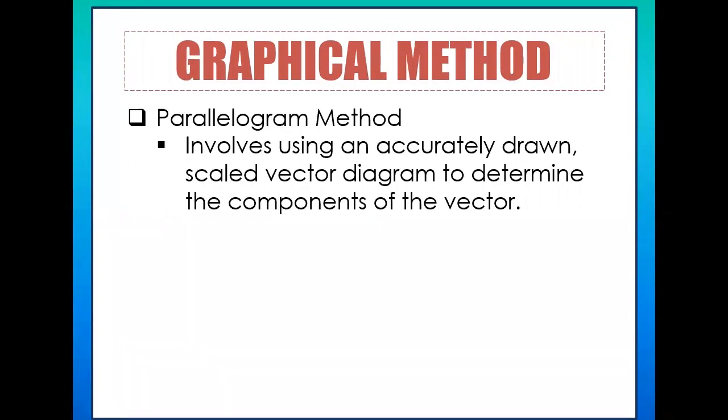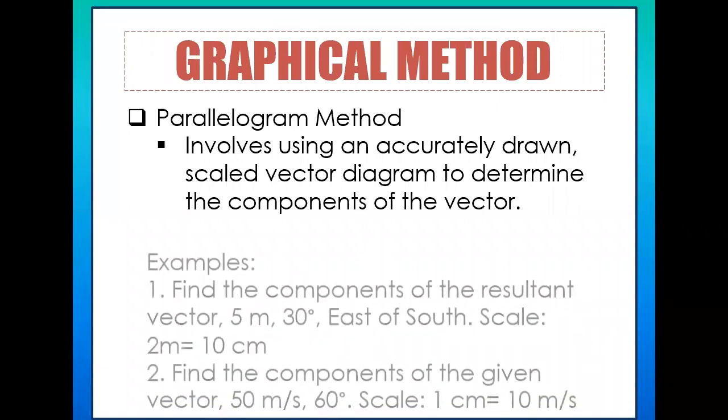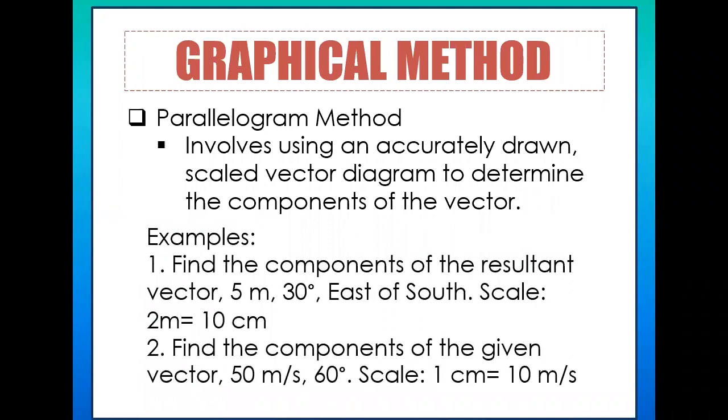Now let's apply the steps discussed to work with these examples. For number one, we have to look for the components of the resultant vector, which is 5 meters, 30 degrees east of south, and the scale is 2 meters is equal to 10 centimeters.